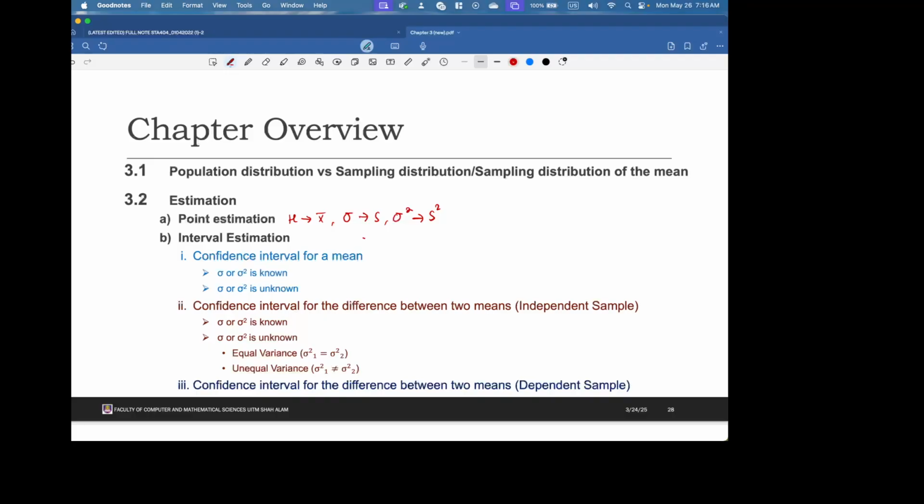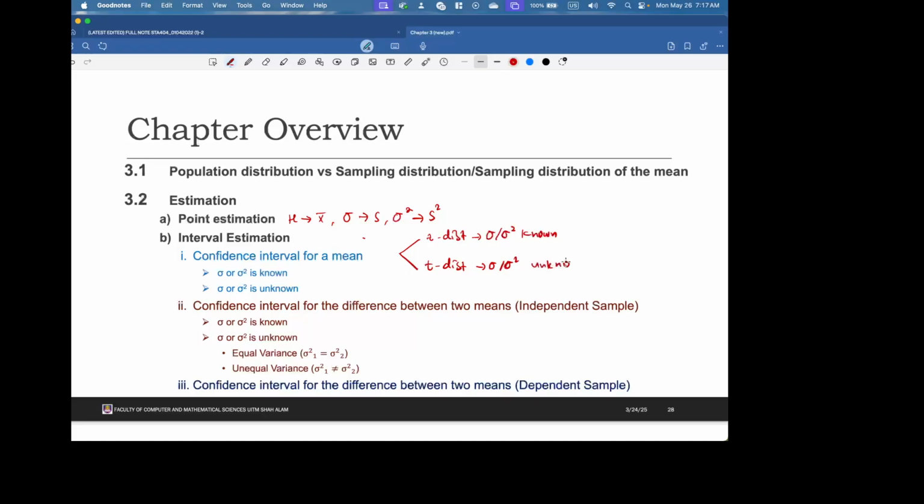But the min and max value depends on whether you use the Z distribution or the T distribution, and in this case, on whether the sigma or sigma square from the information is known or sigma square is unknown.